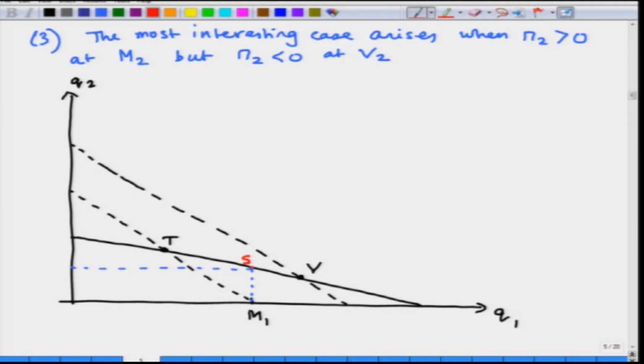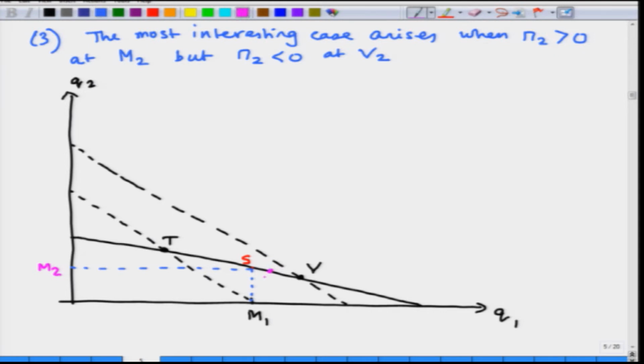So, let us say the B is somewhere here. The profit of firm 2 is positive at S, which is M2, and it is negative at V, which corresponds to a level of output at V2. Now, here essentially the incumbent has two choices. So, say B is equal to some B star, right.